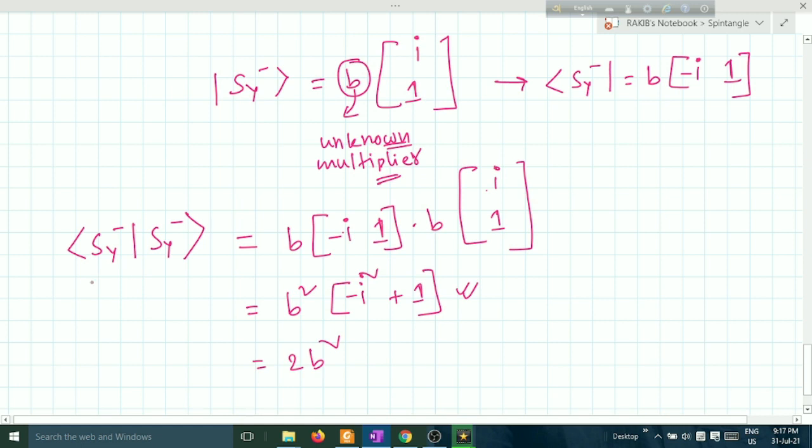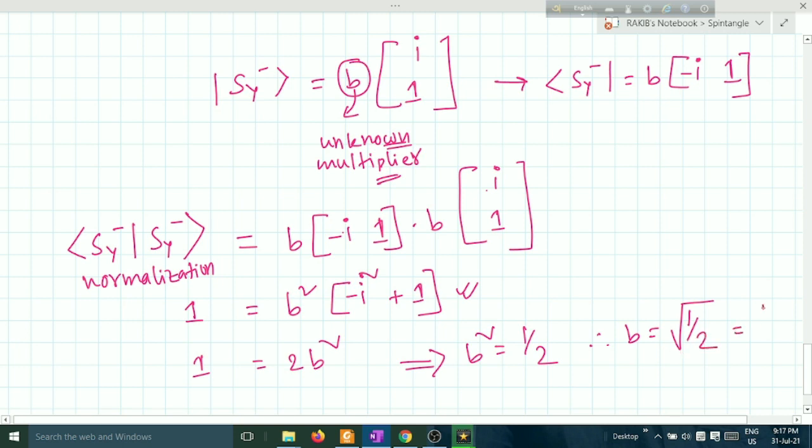And this side is the normalization, and normalization means 1. This means b square is 1 by 2. This means b is equal to 1 by root 2.